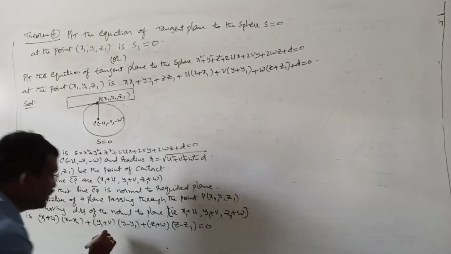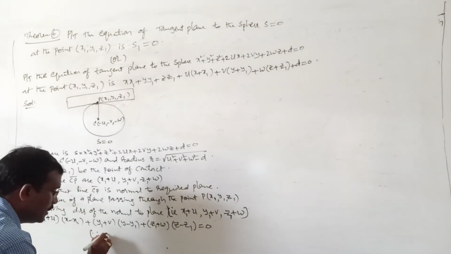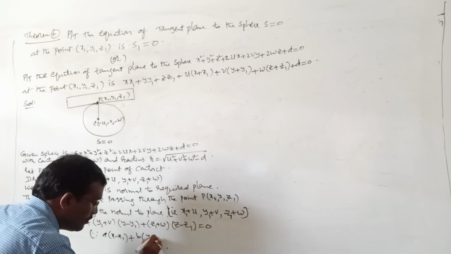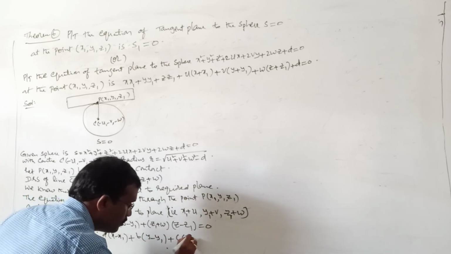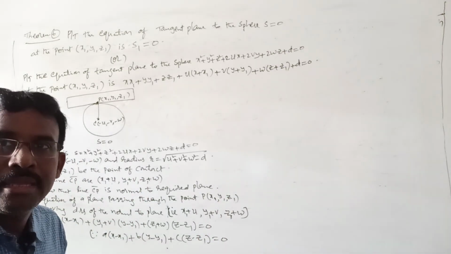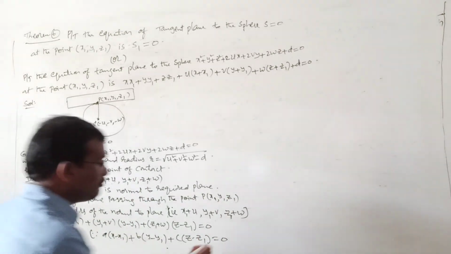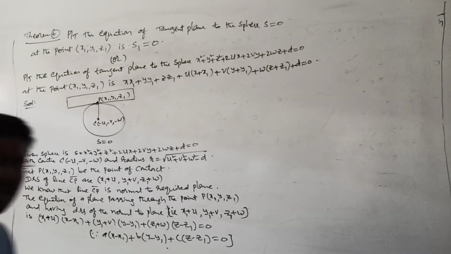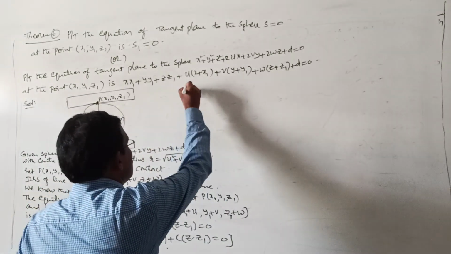Clearly I am proceeding with the formula a into x minus x1 plus b into y minus y1 plus c into z minus z1 equal to 0. That formula we used here.